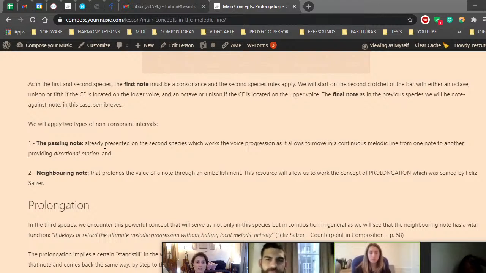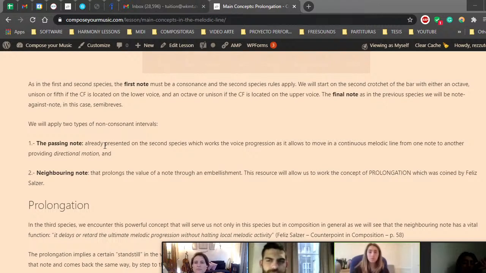The same thing as the second species, nothing new. The only thing is we start against the semibreve on the second crotchet of the bar with a consonance. The final note, as in the previous species, will be note against note, in this case, semibreves. So two semibreves, tonic, as in the first species.